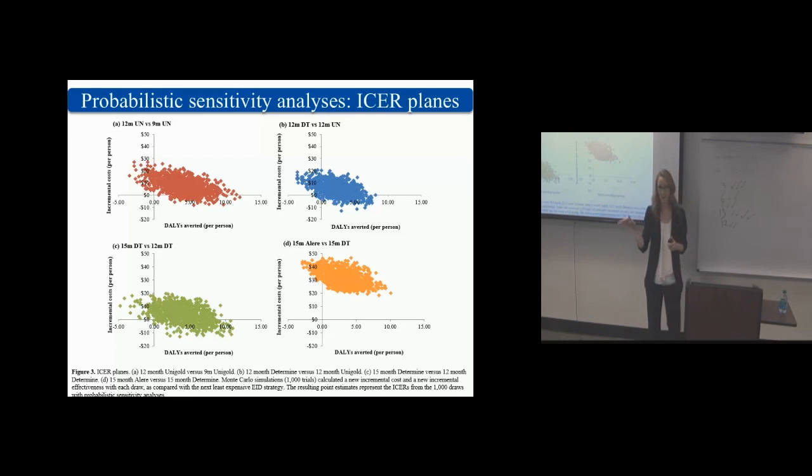Anything outside of that was either dominated or not as cost effective. So overall, we're pretty pleased with these results that 6 to 10% of the time the strategies became dominated. 94 to 90% of the time, they remained dominant. So we feel like it's a very robust model at the end of the day.